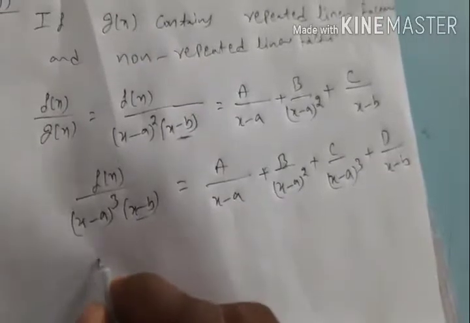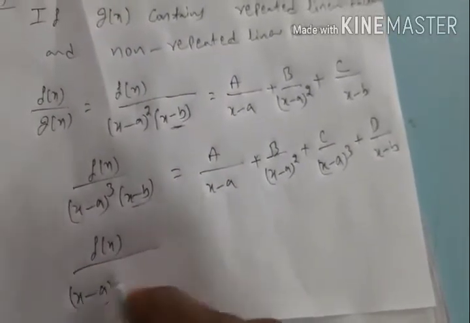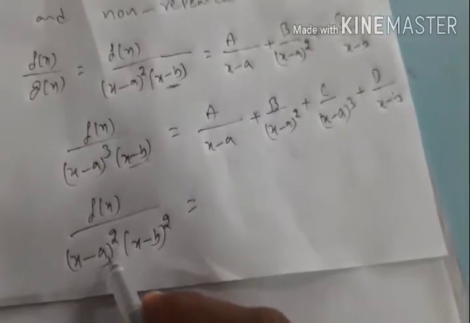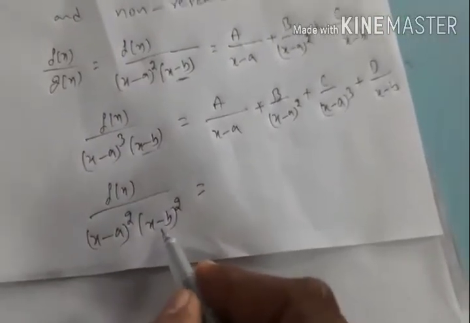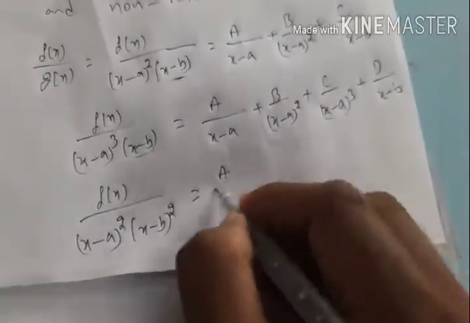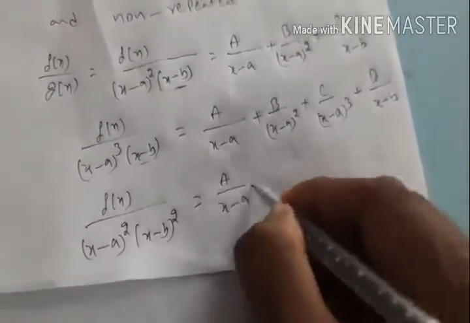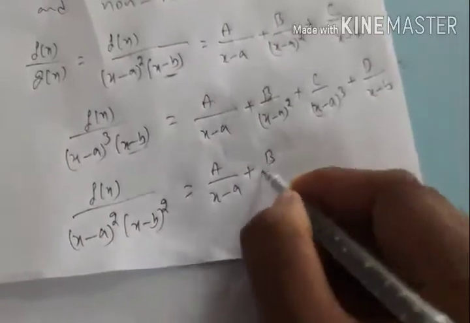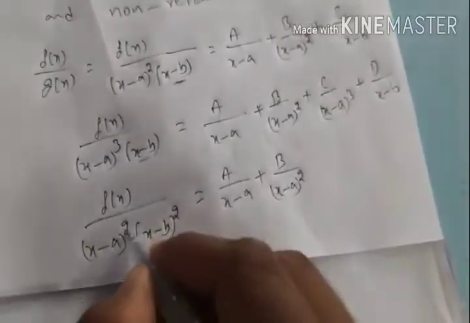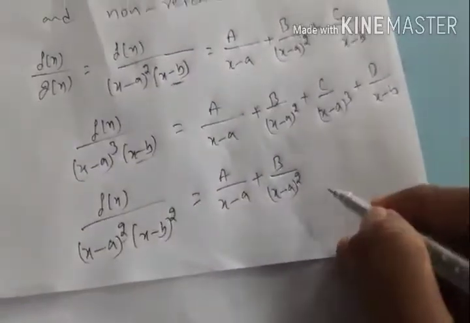Next example, f of x by x minus a whole square and x minus b whole square. Here x minus a is a repeated linear factor and x minus b is a repeated linear factor. We take a by x minus a plus the second constant b by x minus a whole square. If you have power 3, take c by the power 3.